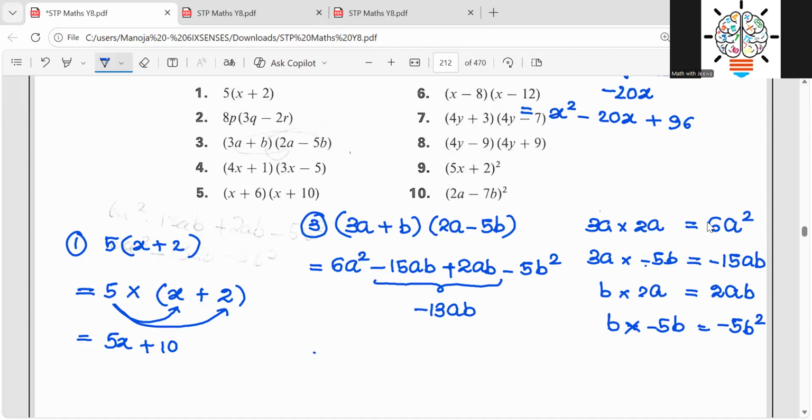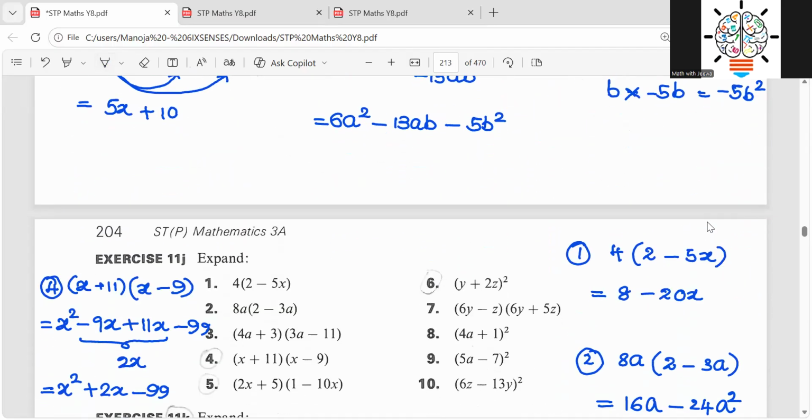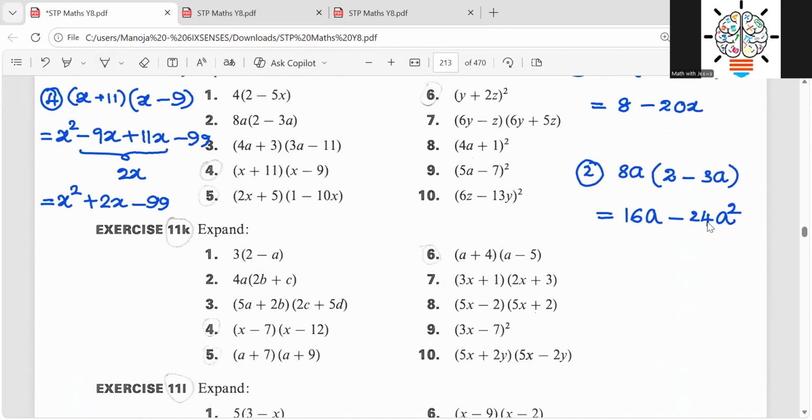So then you write the final answer, 6a squared minus 13ab minus 5b squared. I want to double check. 3 times 2, 6, a times a, a squared. 3 times negative 5, negative 15, ab. And then the 2ab, and then negative 5b squared. And negative 15 and positive 2, it is negative 13. Yeah, that is correct.